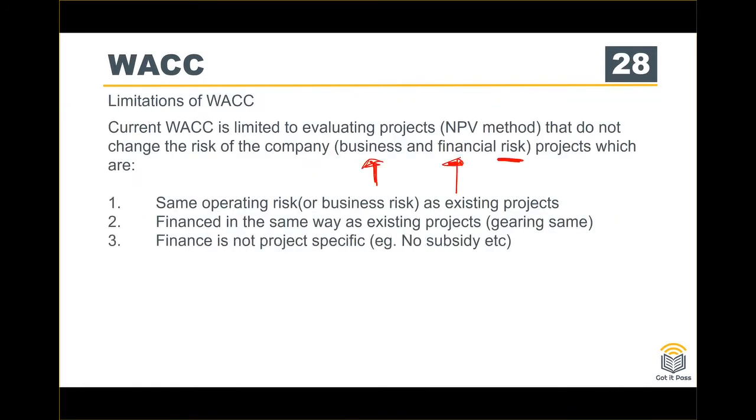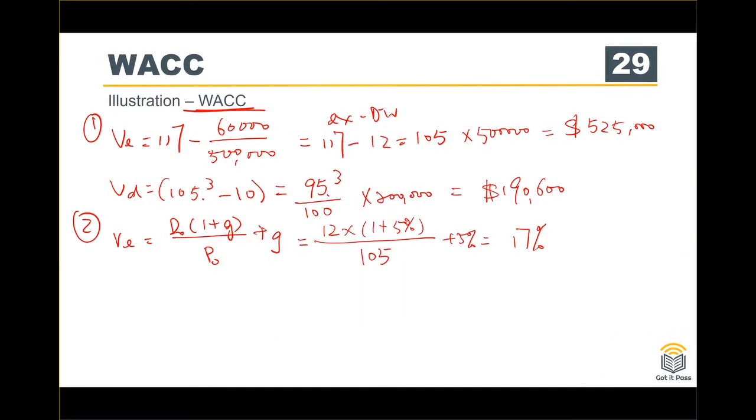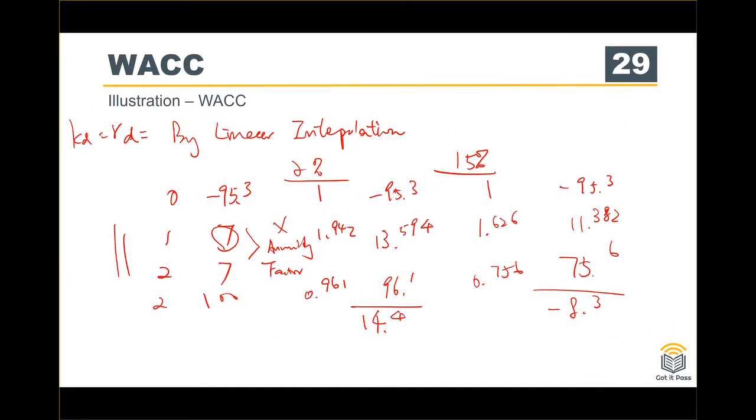So you can work it out, for example, by before-tax cash flow, and then you can adjust for the tax in your calculation. But remember, linear interpolation is the suggested method to estimate cost of debt because it is the same as the IRR.